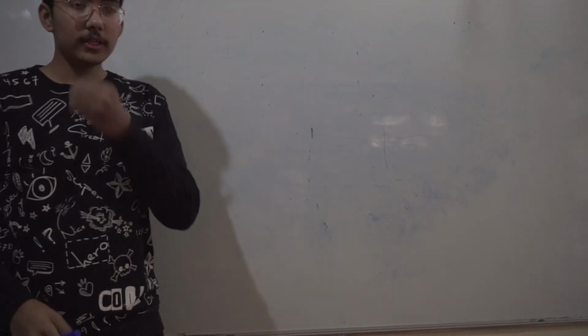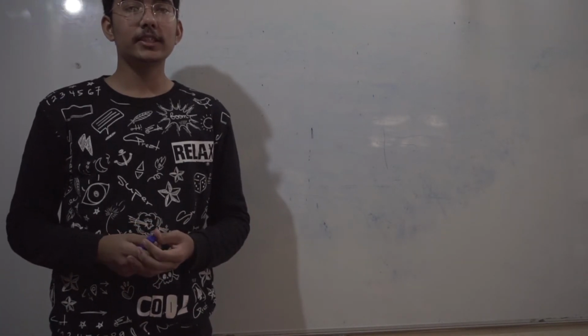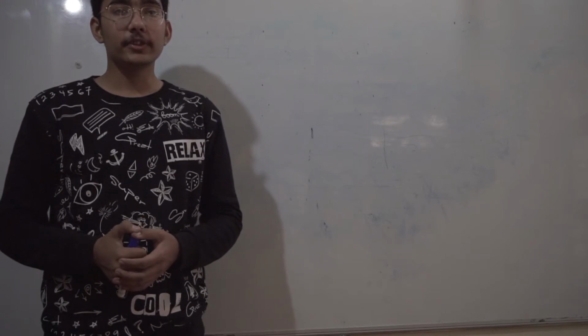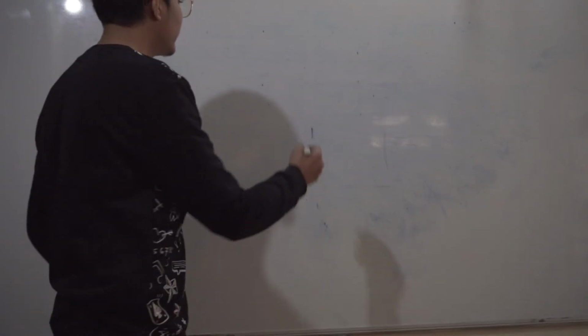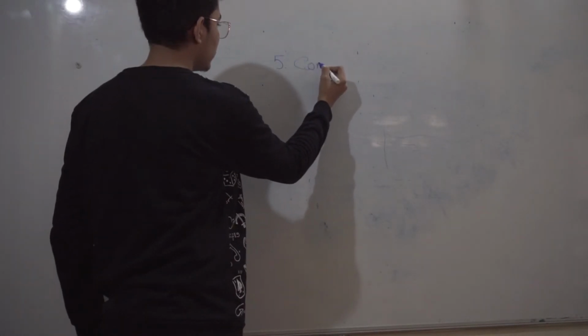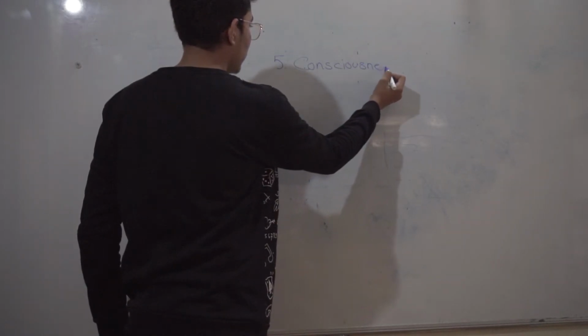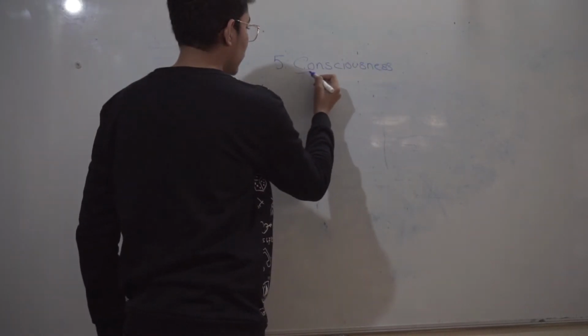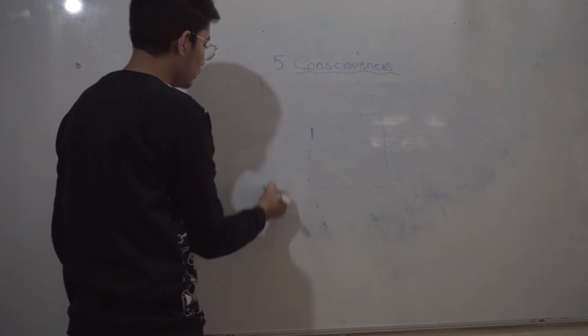Now, after reproduction, we are left with only the last characteristic of an organism, that is consciousness. So let us study our fifth characteristic, which is consciousness. Now, what is consciousness?